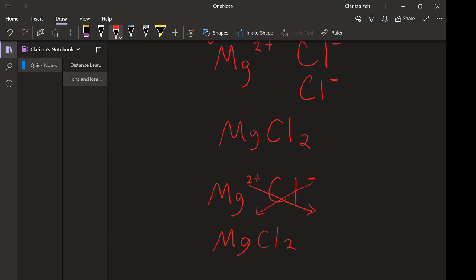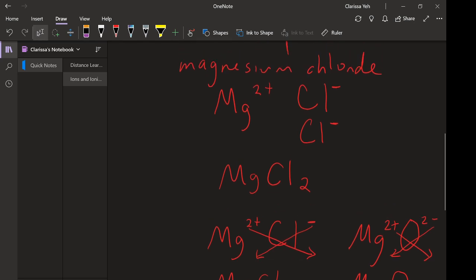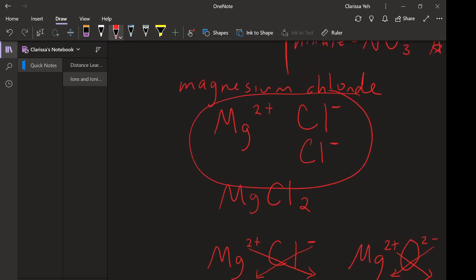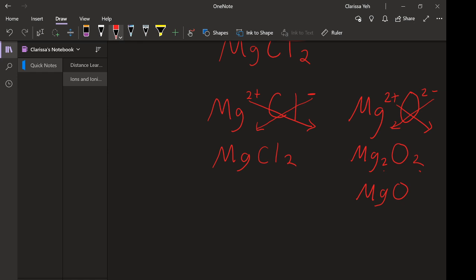So for example, if I had Mg2+ and let's say O2-, and I cross it over, Mg2O2, because I see they're the same number, I just take it down to 1-to-1. It's entirely up to you how you want to do it. If you're more confident with this way, by all means go ahead. If you like the foolproof method, then you can use the cross method, and that's completely fine.